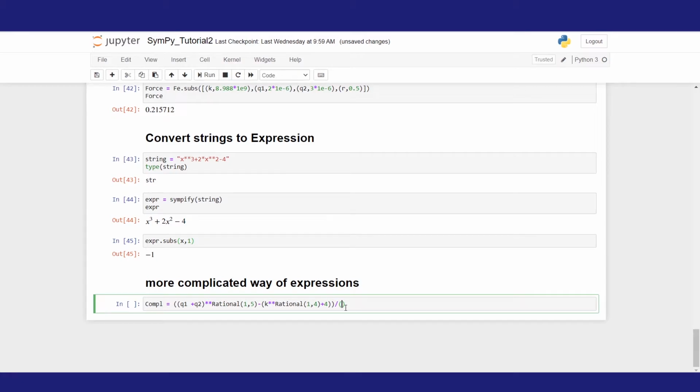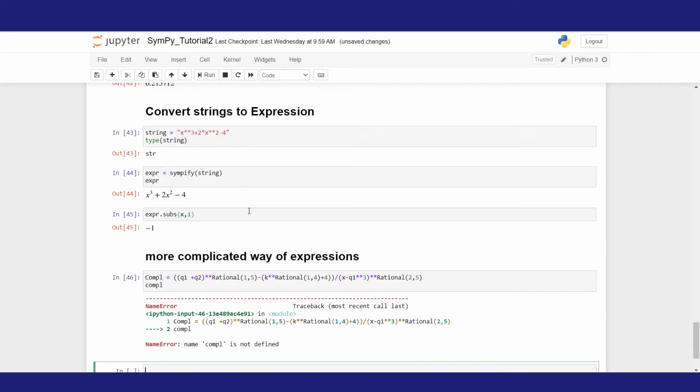So I'm going to say we have x minus q1, and this is to the power 3, and the whole thing is raised to the power, we use Rational, 2/5. So if we print that out, let's call it comp and see what we have.